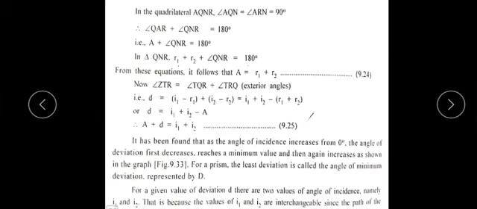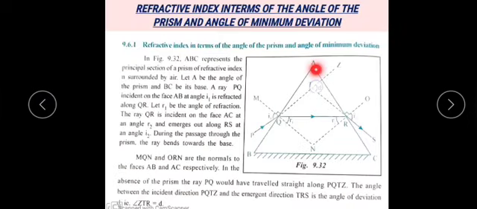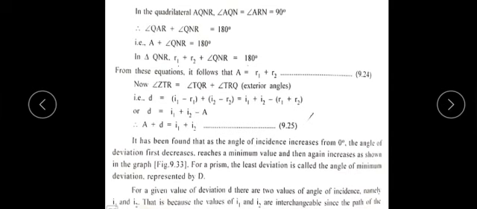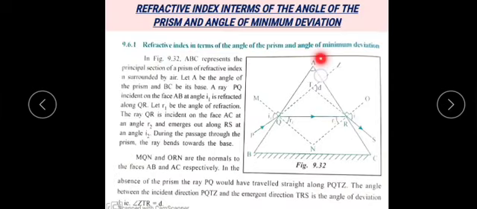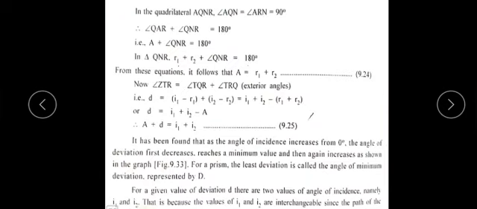Now in the quadrilateral AQNR, angle AQN is equal to angle ARN, and both are equal to 90 degrees, because these are normal lines to the faces, and normal means the angle between them is 90 degrees.